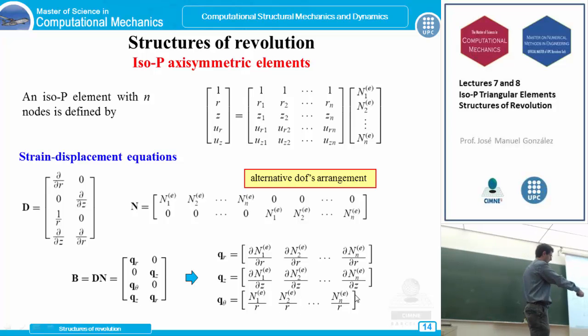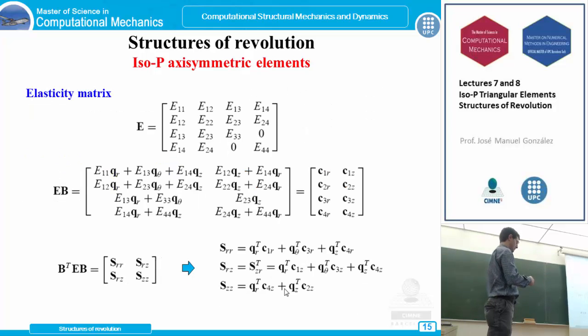So again, we have a problem with this r, which is dividing here, and if we want to calculate this vector here, we must be careful with the value of r in the axis, because there the value of r is 0. So we must apply numerical quadratures that do not imply that the Gauss integration points are placed in the axis.